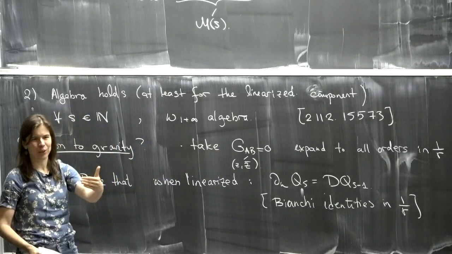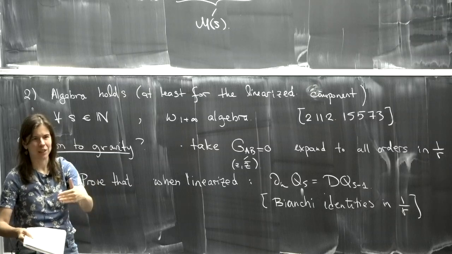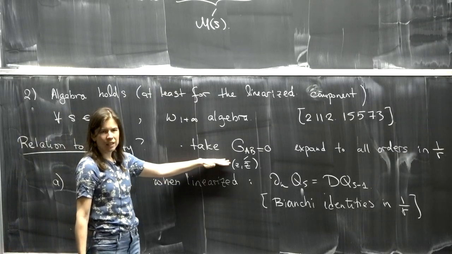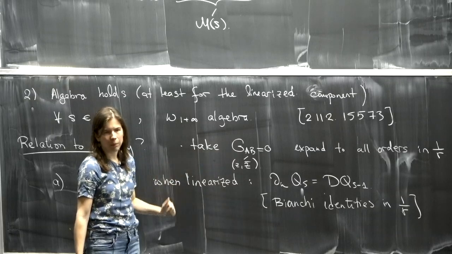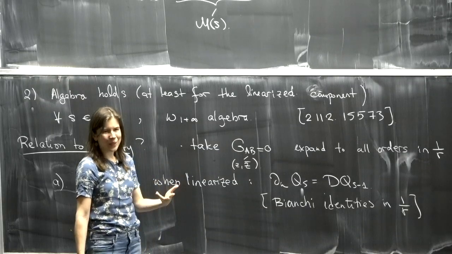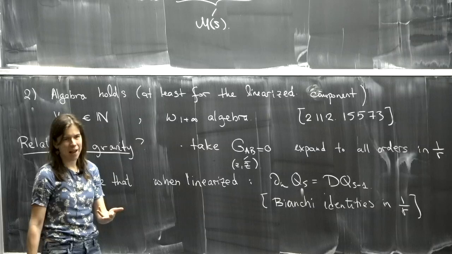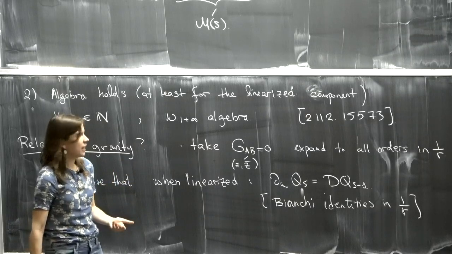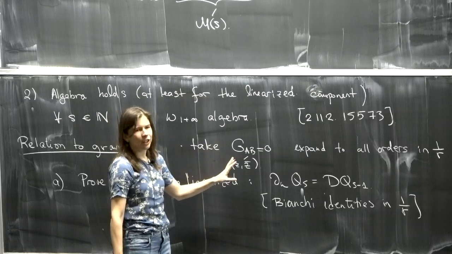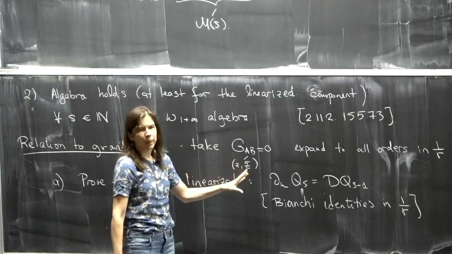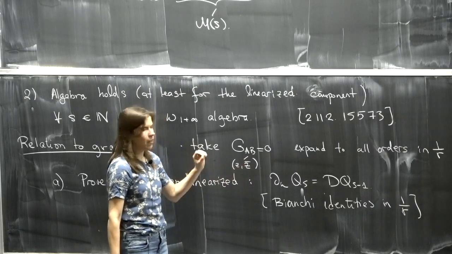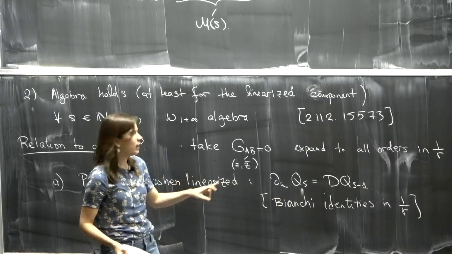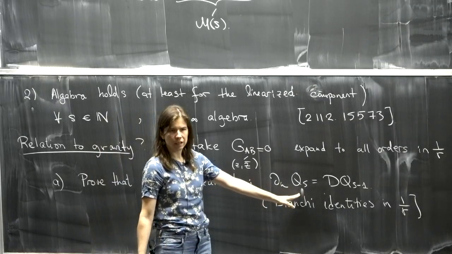You have to continue building the metric to increasingly subleading orders in 1 over r, and you have to impose Einstein's equations order by order in 1 over r. But it turns out that the Newman-Penrose formalism allows you to simplify things a little bit. In particular, one of the Newman-Penrose equations determines the evolution of the Weyl tensor component that is responsible for these Qs.